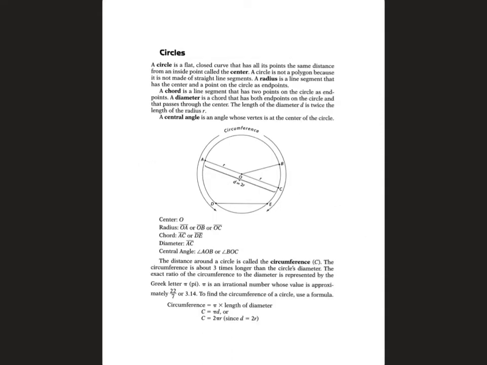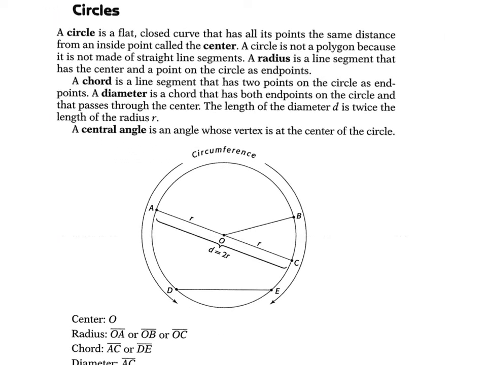For circles, a circle is a flat closed curve that has all its points the same distance from the inside point called the center. A circle is not a polygon because it is not made of straight line segments. A radius is a line segment that has the center and a point on the circle as endpoints.